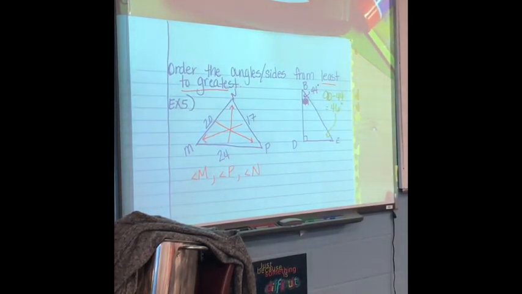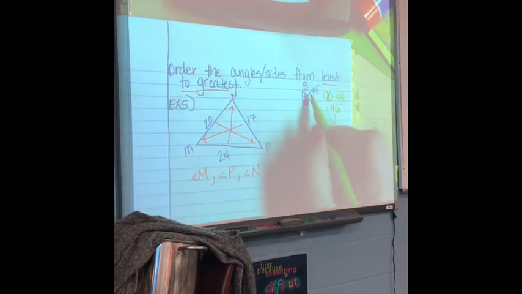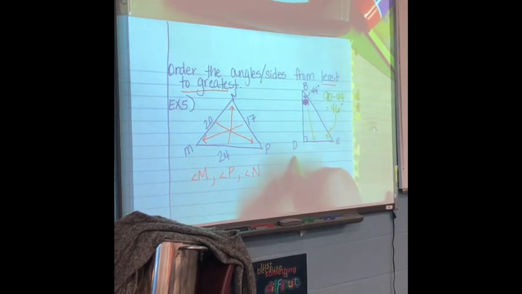And now to find my side lengths order from least to greatest. Who am I going to start with? Angle B is the smallest angle, and it is opposite DE or ED. Who's the next smallest?